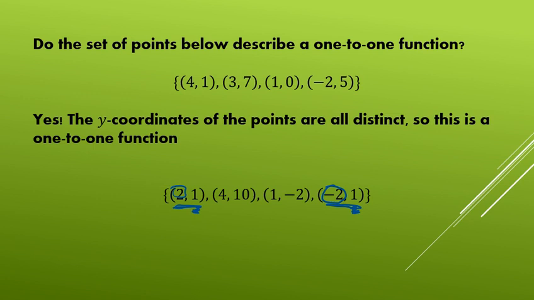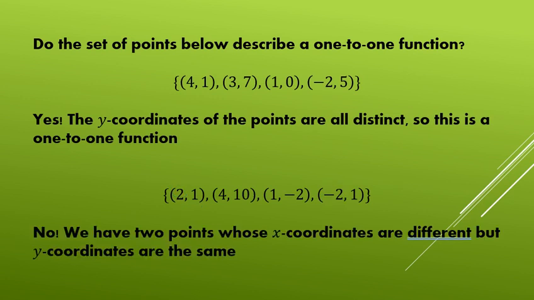I have 2 and -2. So here I have two different x values. When I plug them into this function, I get the same y value. So that's not good, and that tells us that this is not a one-to-one function. We have those two ordered pairs whose x coordinates are different, but the y coordinates are the same.